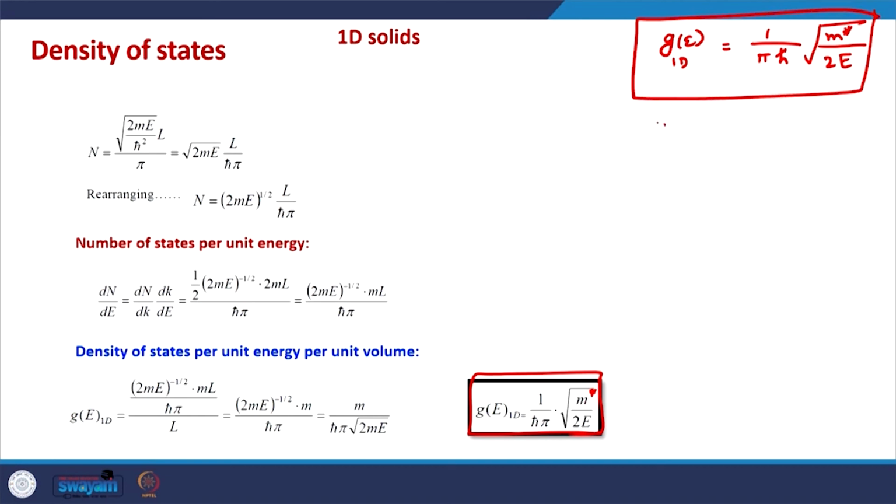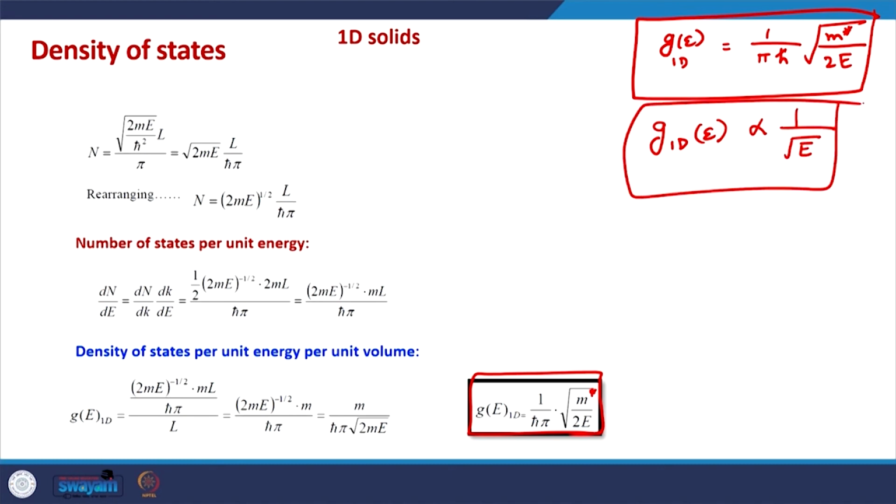And you might have readily noticed that 1D density of states is inversely proportional to the square root of E. Okay. So, as the E value will increase, this G1D will decrease essentially. And if you compare this with 2D case, in 2D case this was constant essentially.